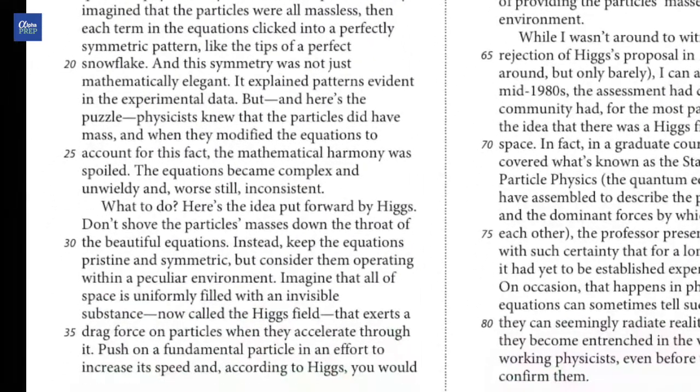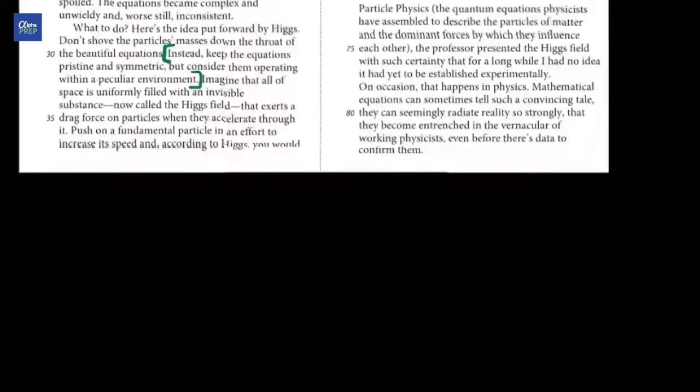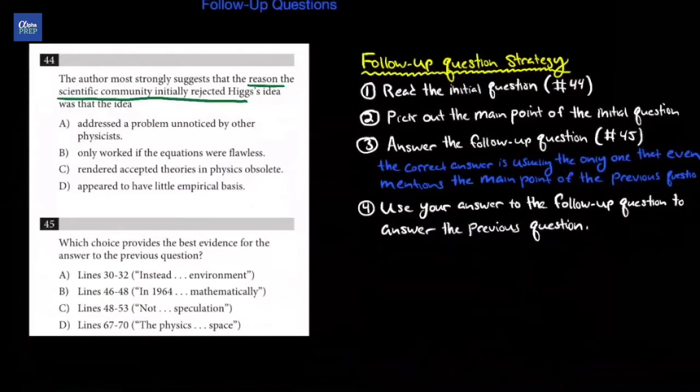So here's lines 30 to 32. Instead, keep the equations pristine and symmetric, but consider them operating within a peculiar environment. And there's nothing here about the opinions of other scientists or why they might have rejected Higgs's theory. So we can eliminate that first answer choice. A in number 45 is incorrect.